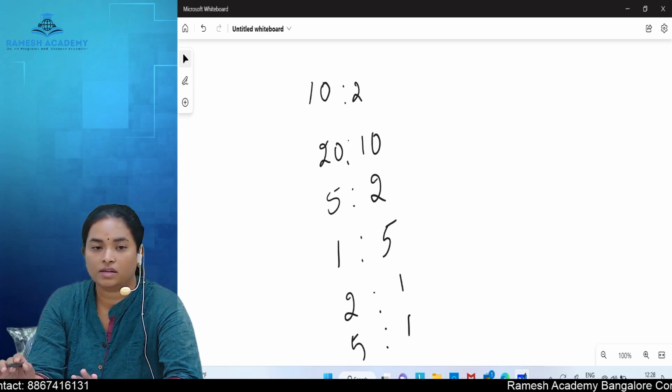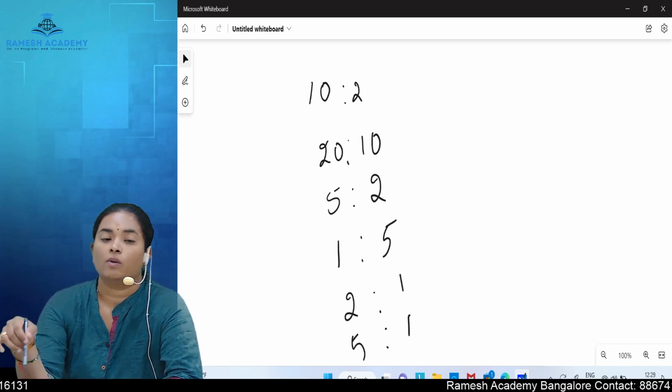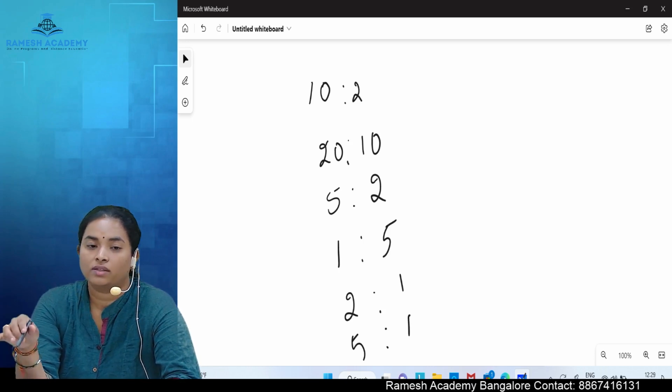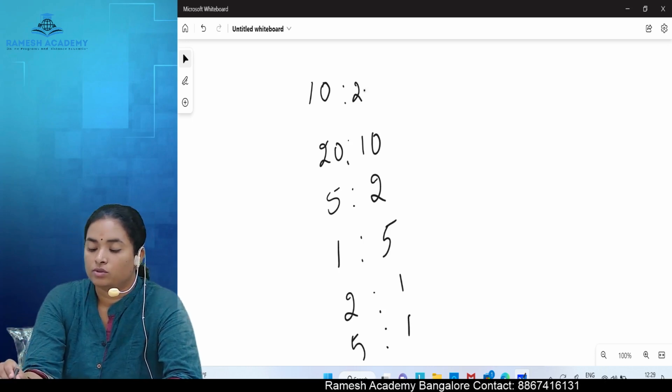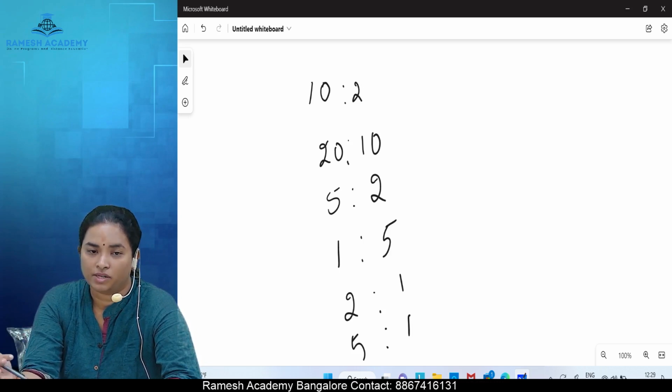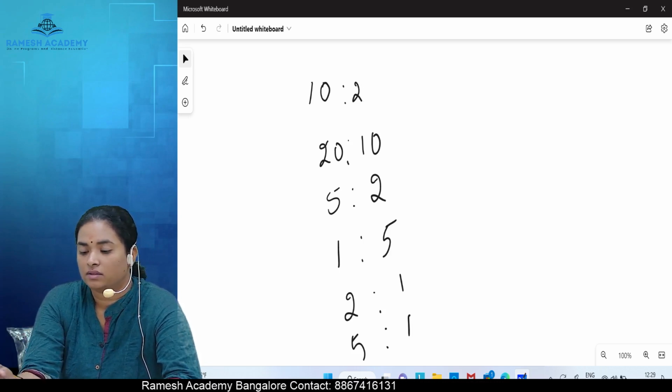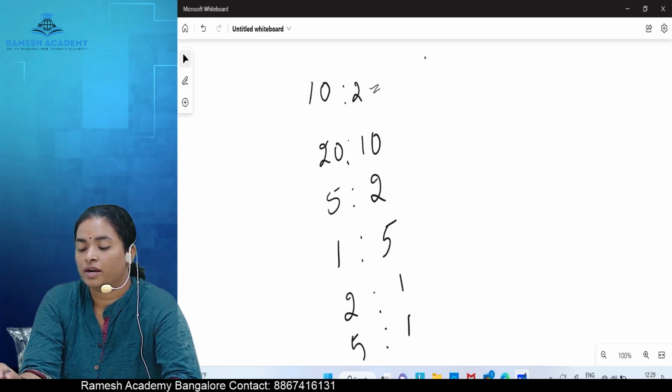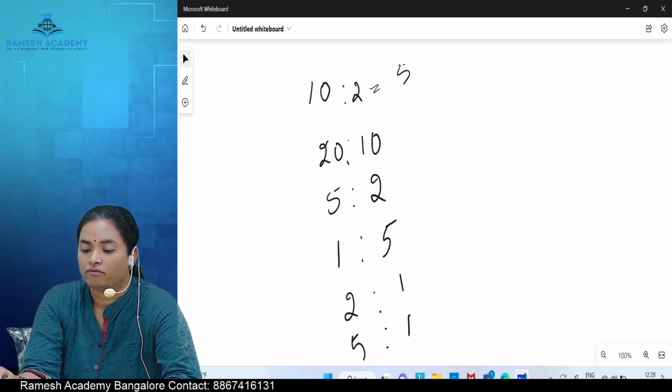These are some of the ratios you have. Now I want to know which are the same ratios. Usually the shortest way is to find all the minimum ratios. Can I divide this here? How much is there? 10/2 is 5. Here, how much?